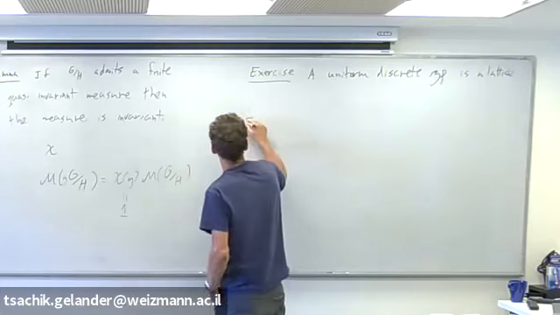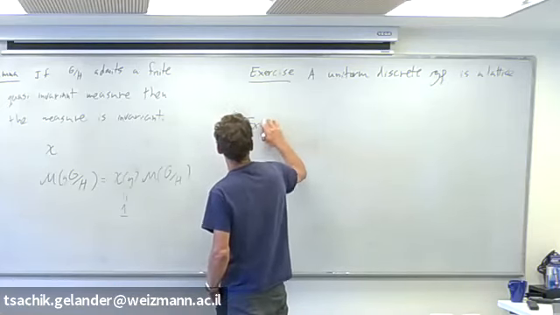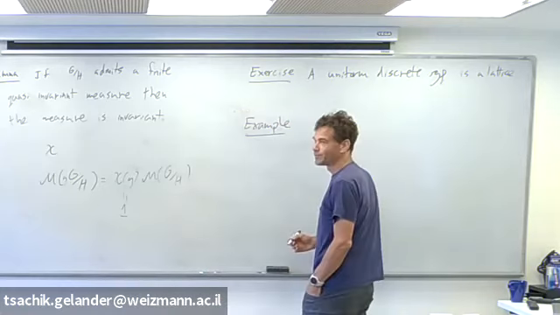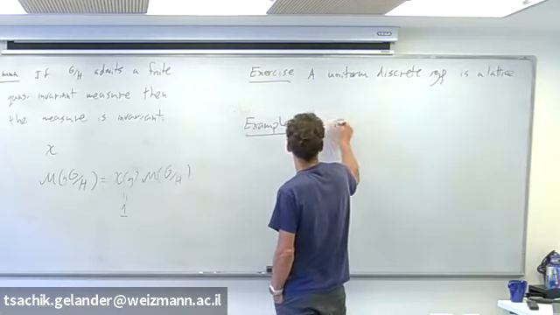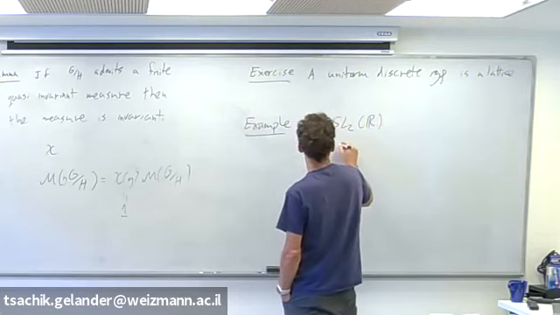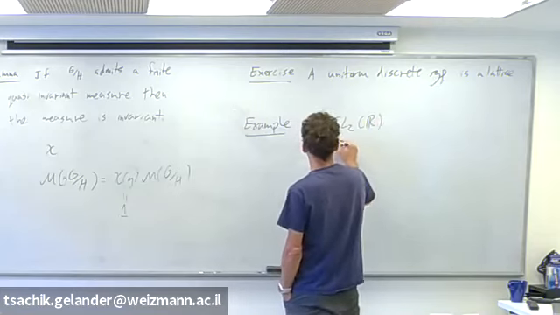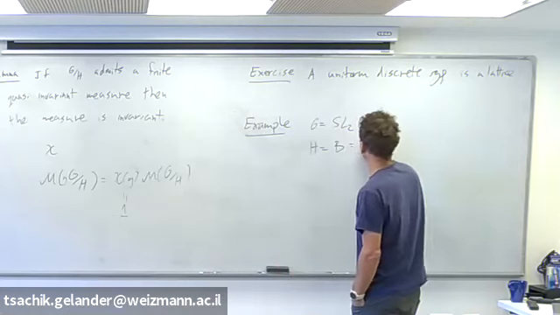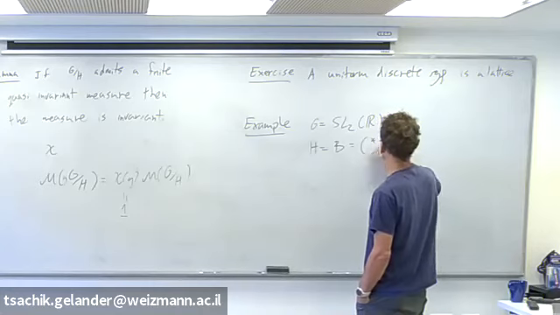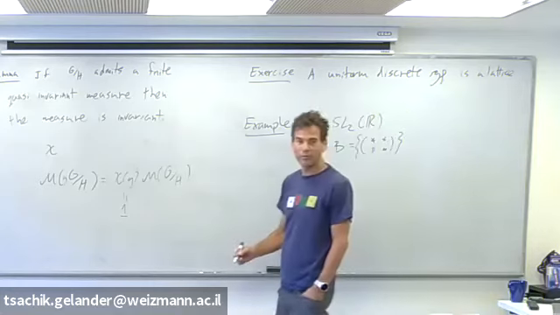So for example, take G to be SL2(R) and H to be what we usually call the Borel subgroup, which is the group of upper triangular matrices. That's the Borel subgroup.